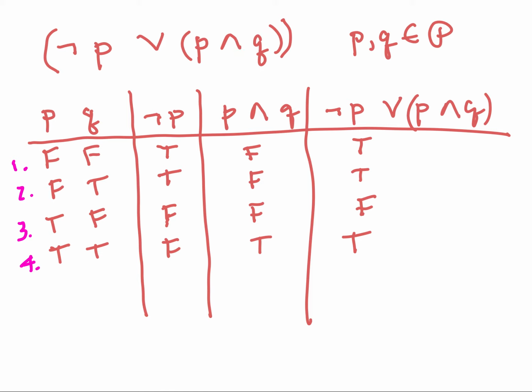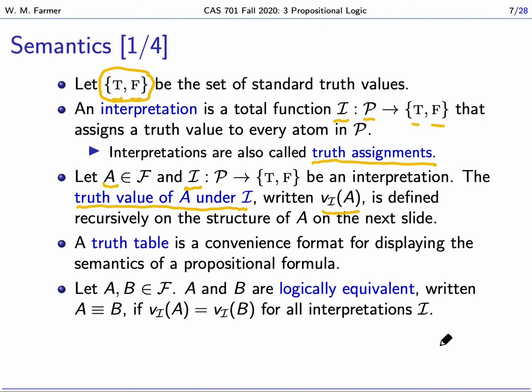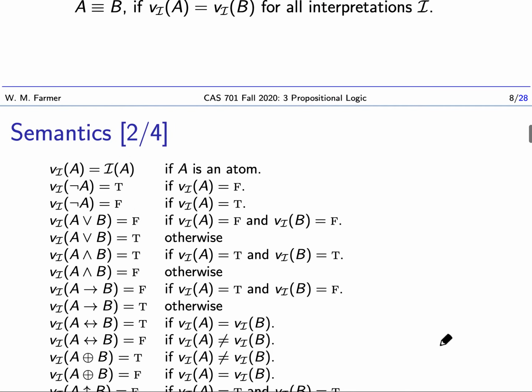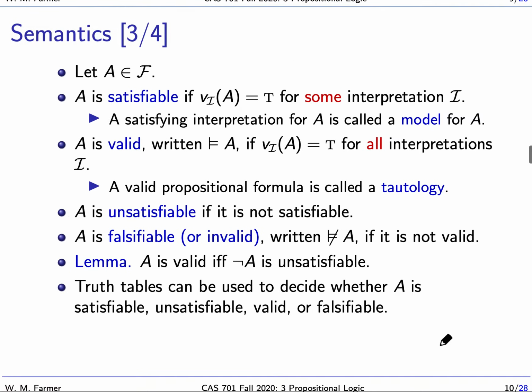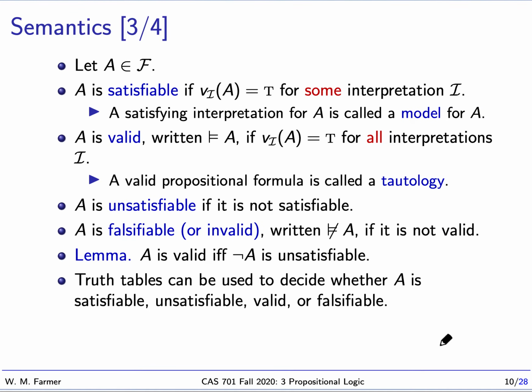Okay, so let's move on. Let's just say we have a formula A. We'll say A is satisfiable if there is an interpretation that makes A true.